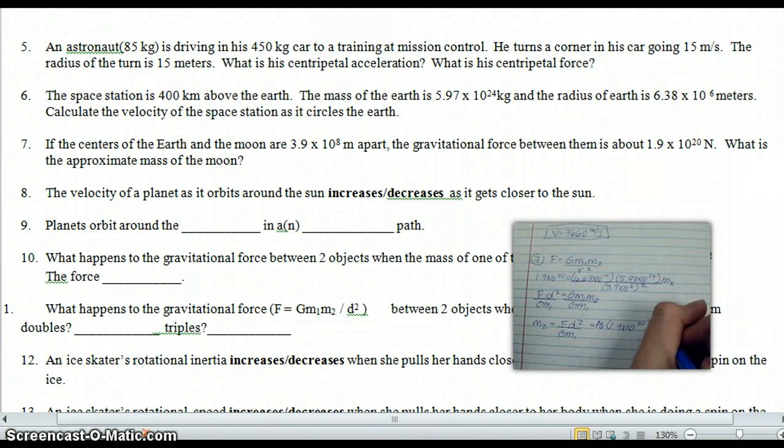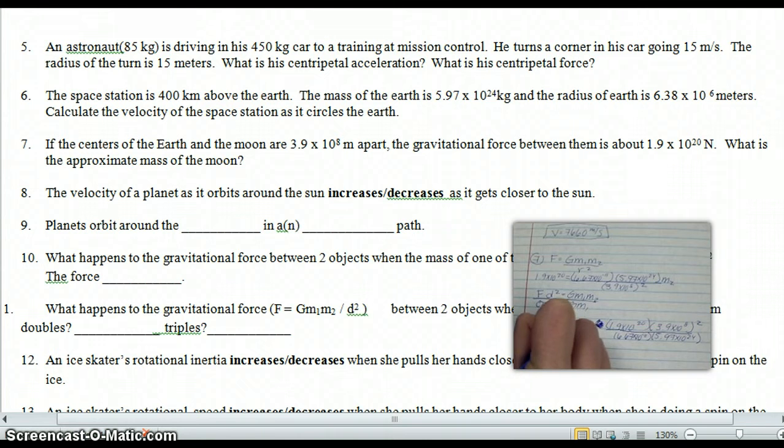Our D was 3.9 times 10 to the 8th, and we square that. And then we divide it by G, which is 6.67 times 10 to the negative 11th, times my first mass, which was 5.97 times 10 to the 24th. So we put that into our calculator and we simplify, and we get that our second mass is 7.26 times 10 to the 22nd kilograms.